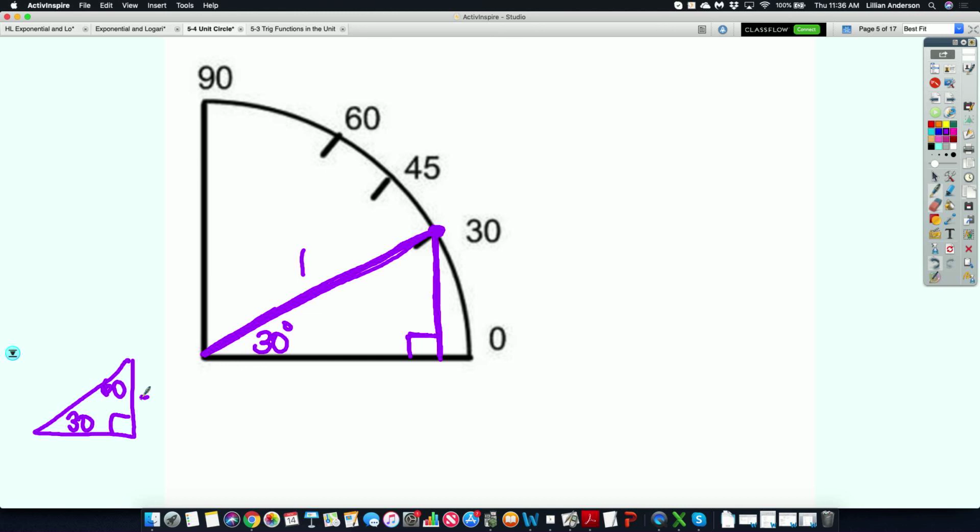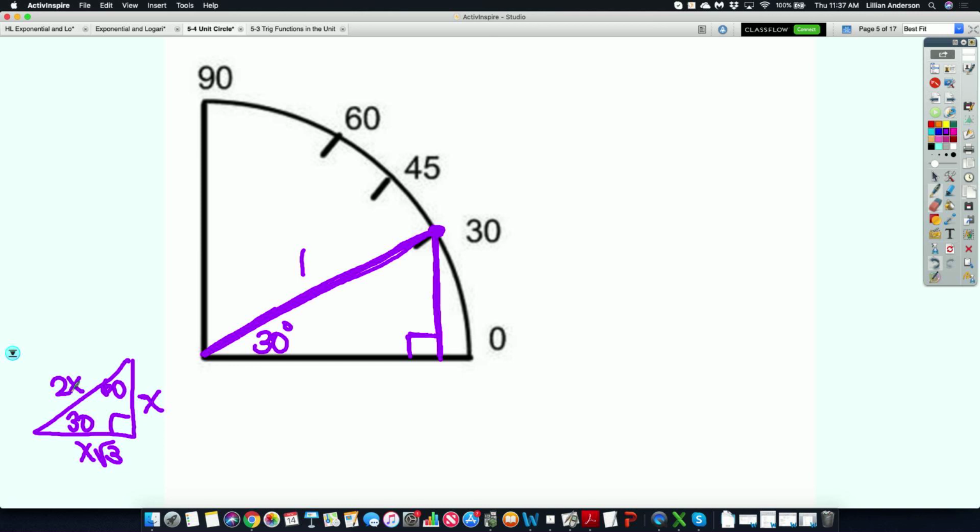Go back and look. It was x. What was the side across from the 60? x square root of 3. And then what was the side across from the 90? 2x.